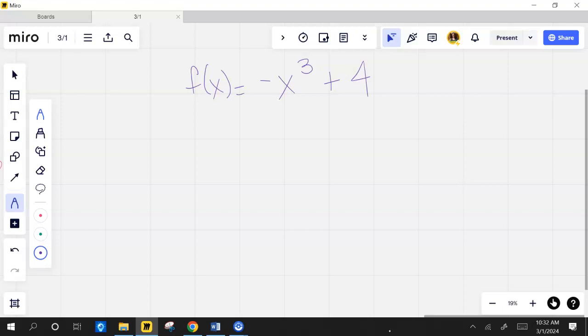Go to y equals. Hit y equals. Negative x to the third plus 4 and graph it. Tell me what it looks like. Let me hook up my camera.